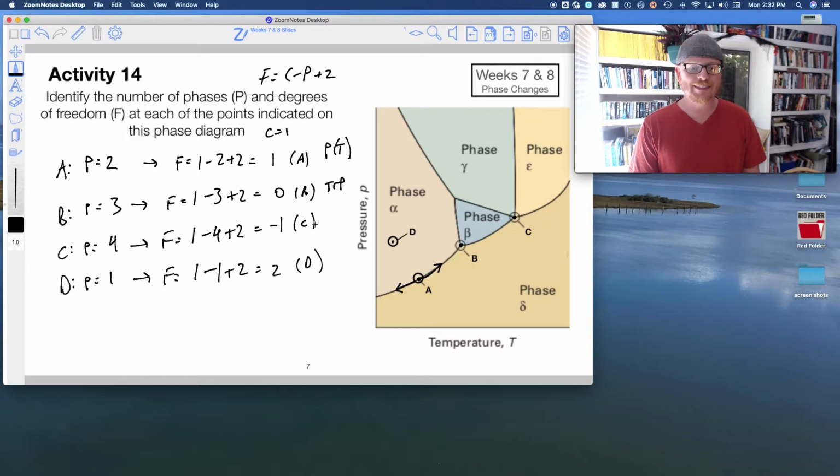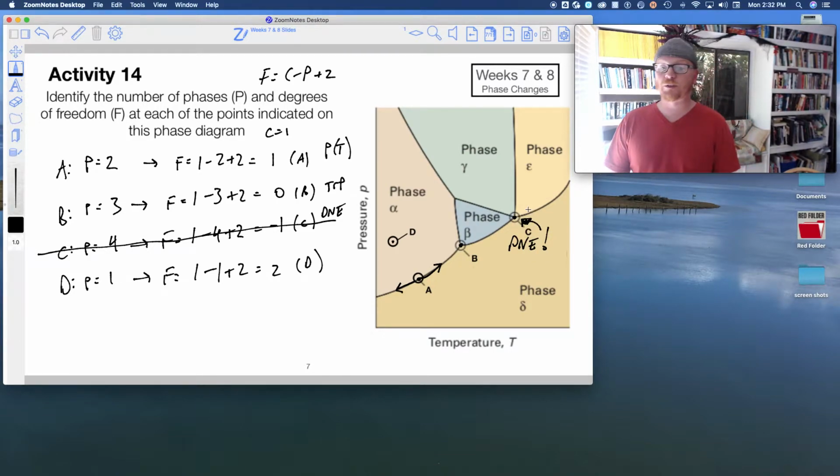What about this point C? Well, you might be thinking, is that a quadruple point? And no, this thing is fictitious, cannot exist. DNE, does not exist. Okay, so I told you this was a fictitious phase diagram.